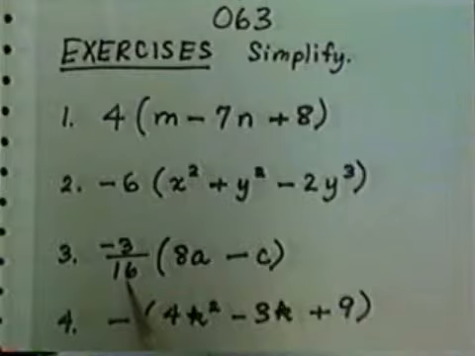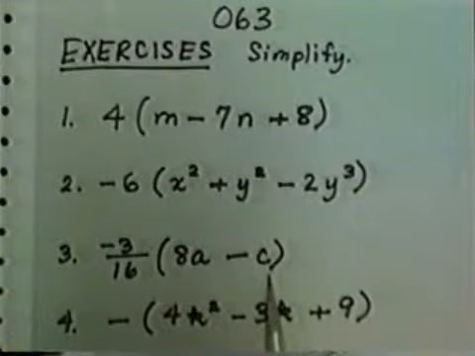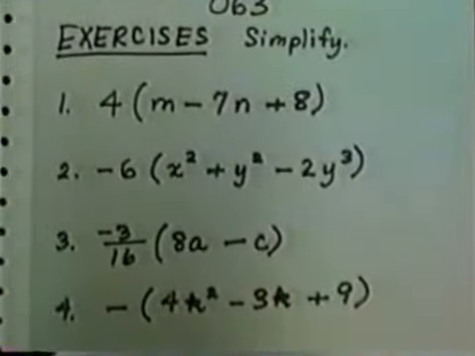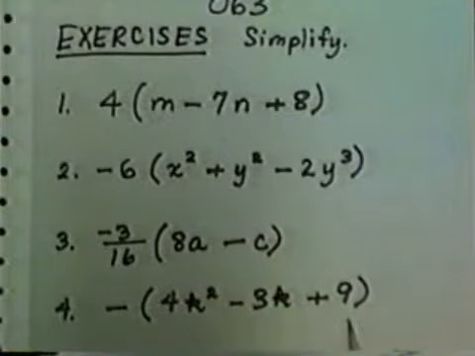Exercise number 3, negative 3/16 times 8a subtract c. Exercise 4, the opposite of, in parentheses, 4k squared subtract 3k plus 9.